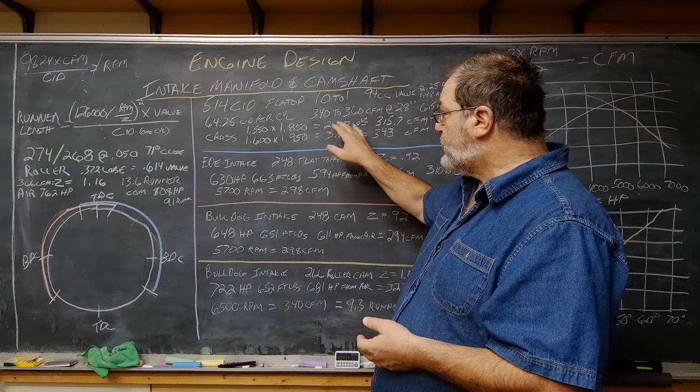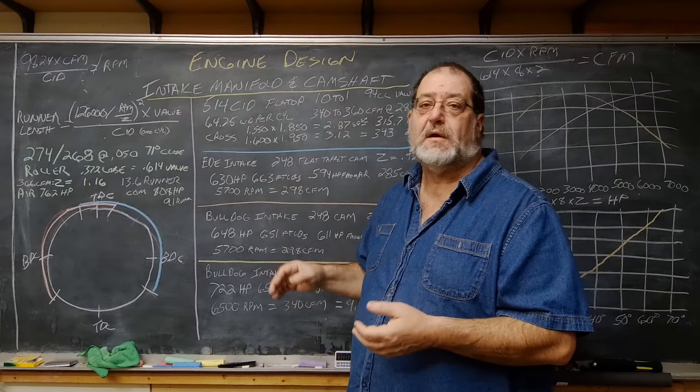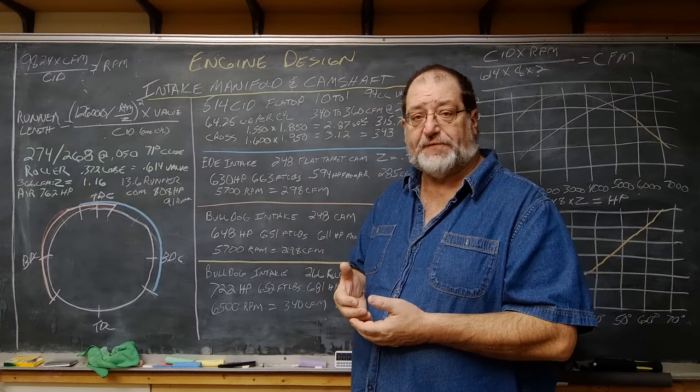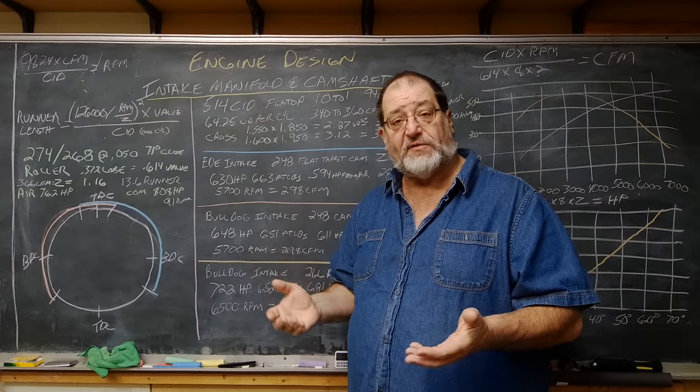The higher flow of the head on the bench is immaterial, because I can't get there with this cross-sectional area. And it only shows up on the flow bench because you're only testing at about 320 feet per second. So it's an unrealistic number.